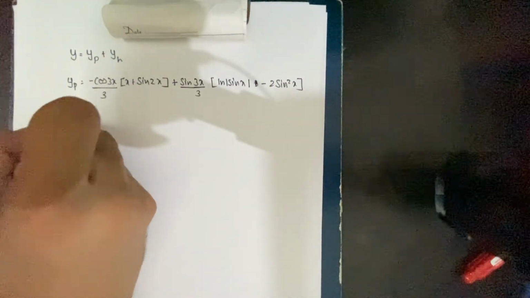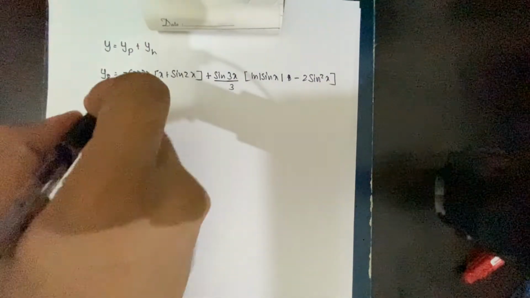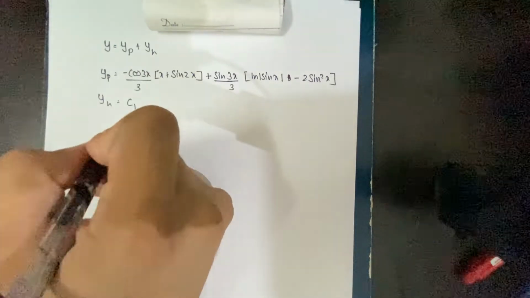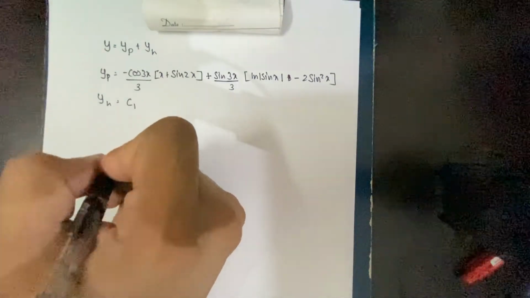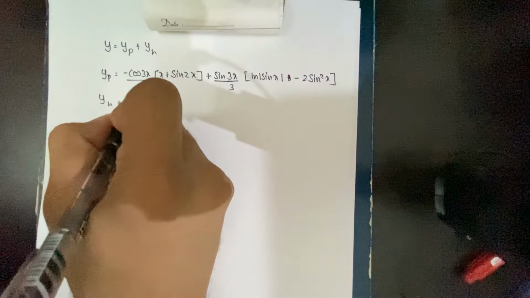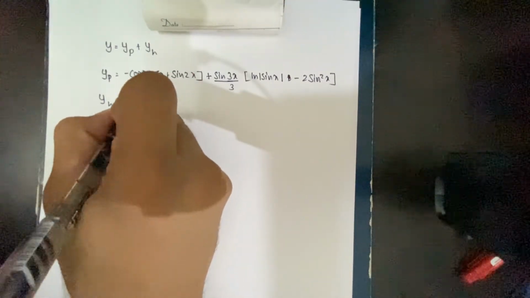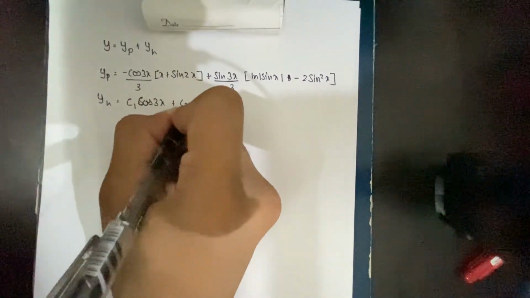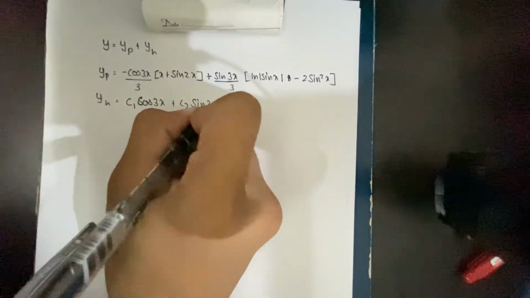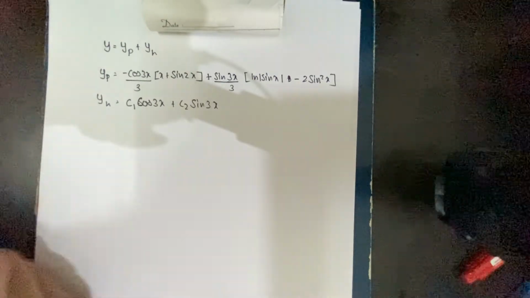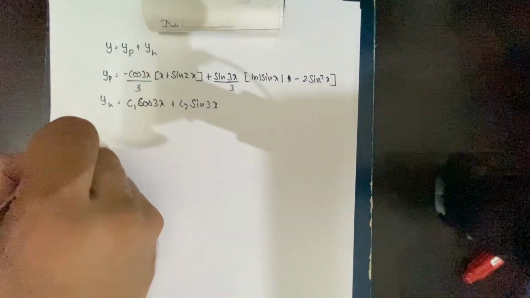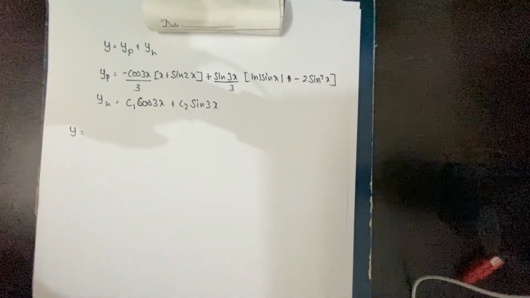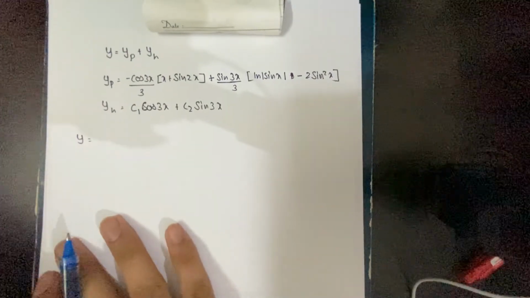And yh, as I earlier wrote it as a t, but it is actually x. That was a mistake which I have edited in the video. C1 cos 3x plus C2 sin 3x. So the C1 and C2 values we can't find because initial values are not given, so we cannot find the values of C1 and C2.